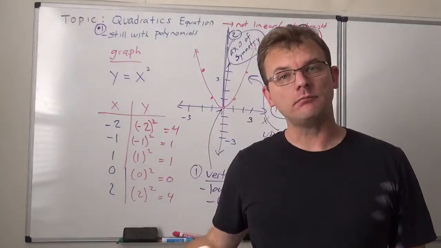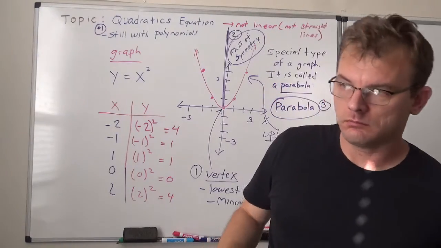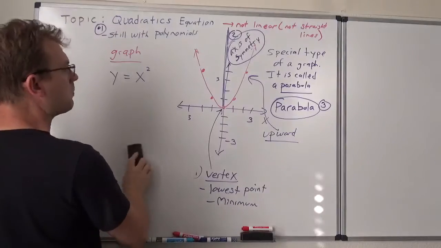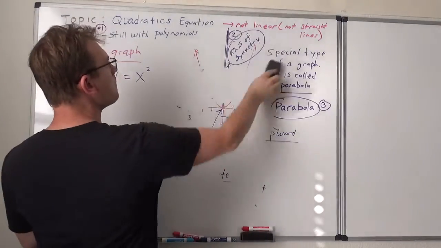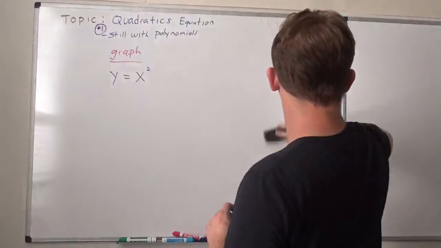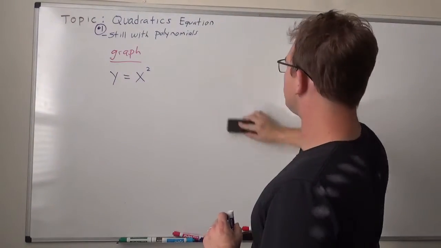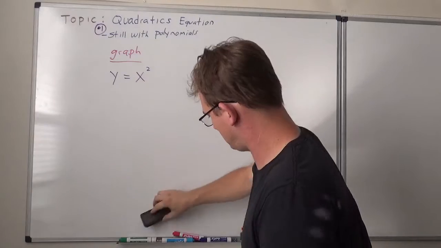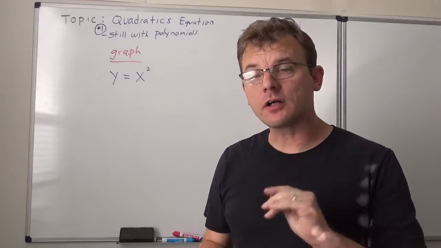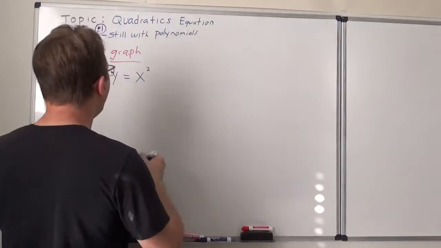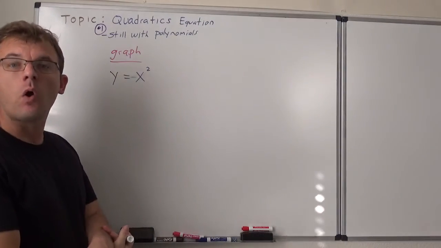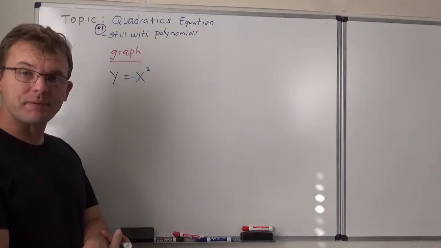Our last one: what if we wanted a graph, however, where we make it negative? What will happen?